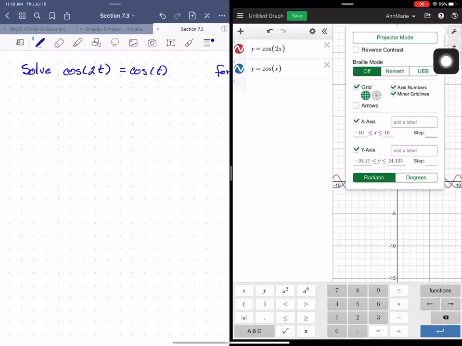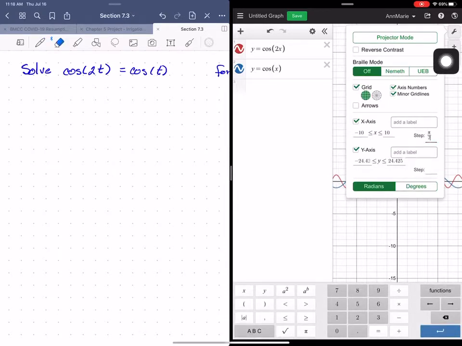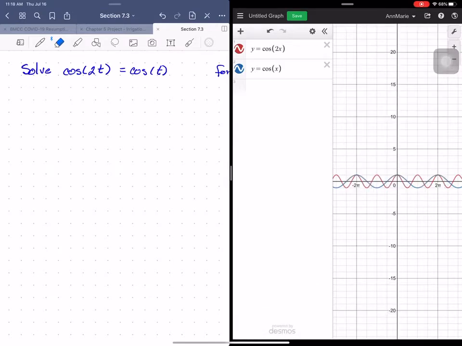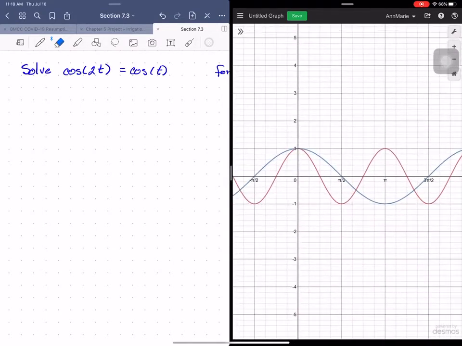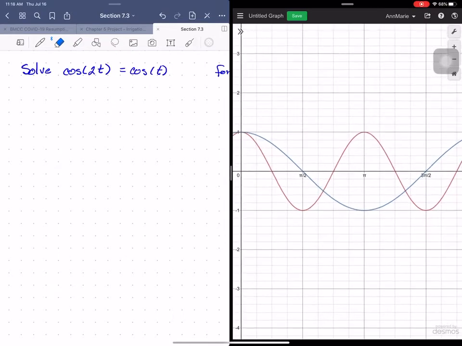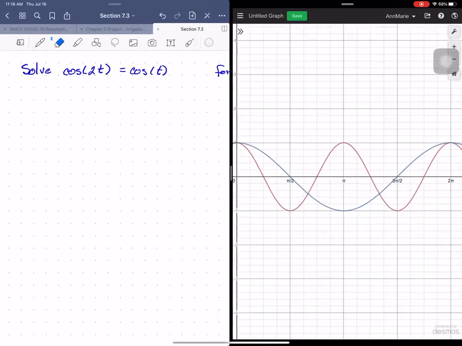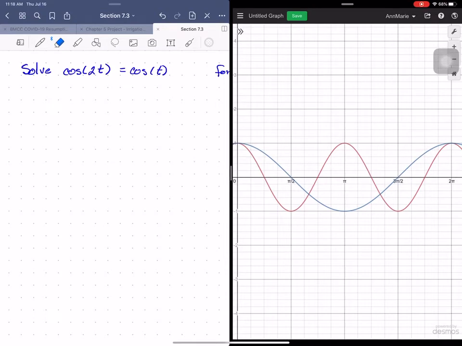Let's give ourselves some pi's on our x-axis here. Okay, now all we care about is the places where these two graphs intersect between 0 and 2 pi.